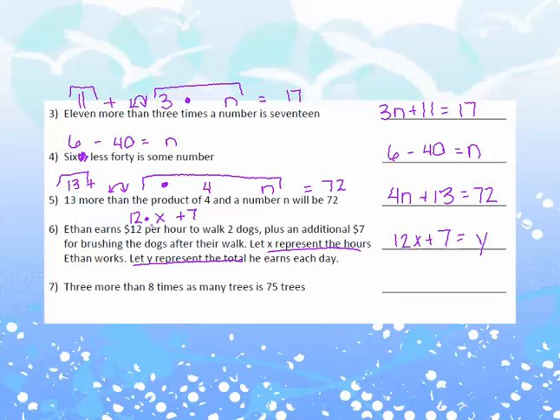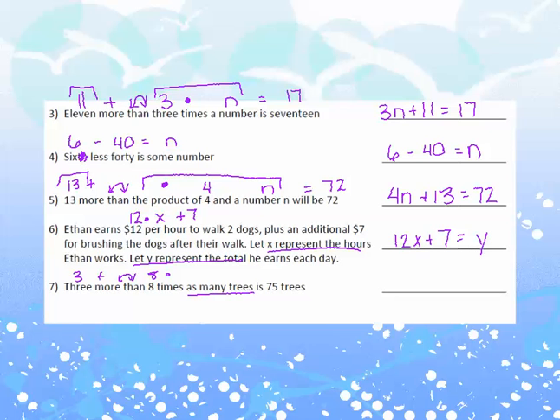There's a lot of words in this problem that don't really help us with writing it down. Okay, and that's going to be the case in a lot of the ones that you need to interpret. So just make sure you're careful when you're pulling out the most important information. Alright, and number 7, 3 more than 8 times as many trees.